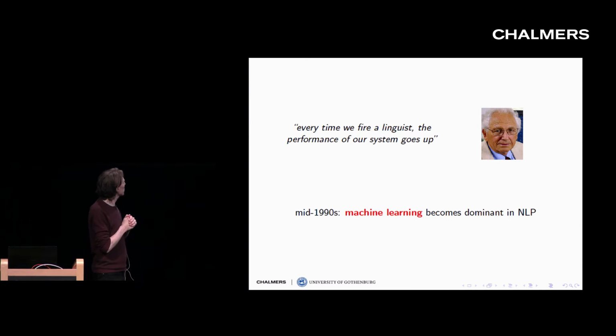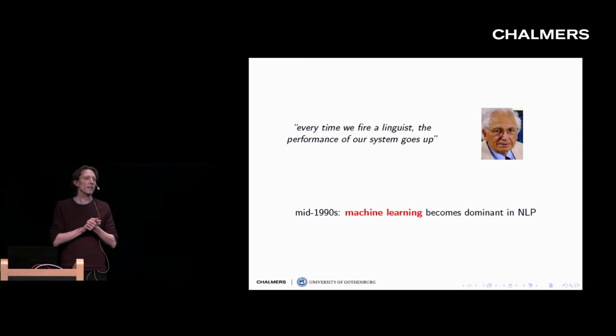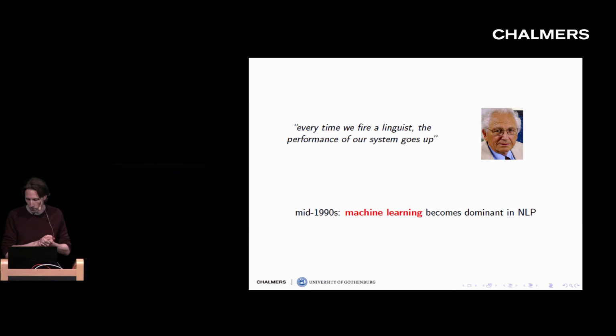So since then, the dominant technology in language processing has been based on machine learning. But this is still a development that continues. So let's see how the field has evolved in the last few years.